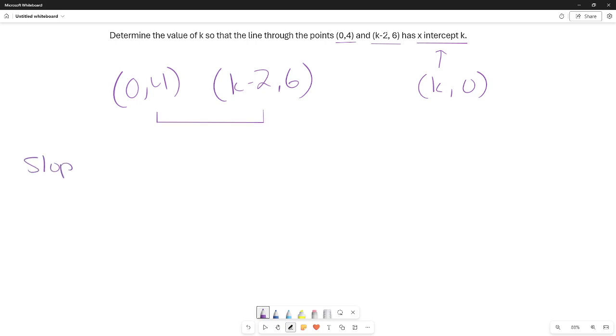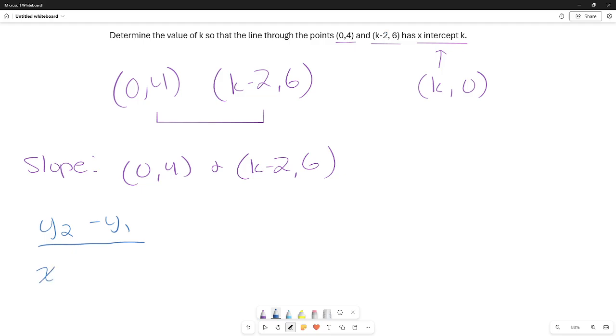To find the slope, you're going to do y2 minus y1 over x2 minus x1. It doesn't matter what you choose for your x1 or y1, but you just have to keep it consistent.